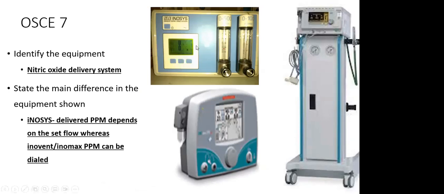You have a flow meter here, a flow meter of 0 to 100 and 0 to 500. By adjusting this flow, you will be adjusting the parts per million for this particular equipment. So the iNOsis delivers ppm depending on the flow rate, whereas the INOvent or INOmax, you can dial the ppm.